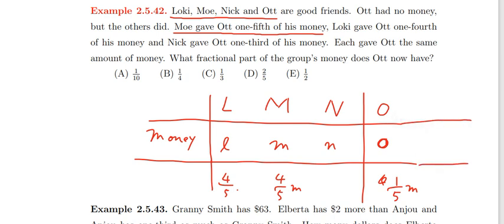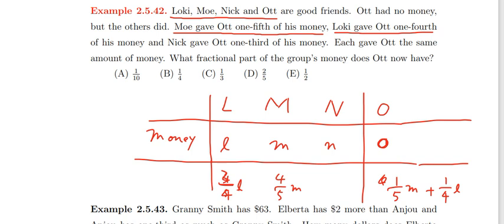Okay. And L gives 1/4. So L gives 1 over 4, so here L has 3 over 4.